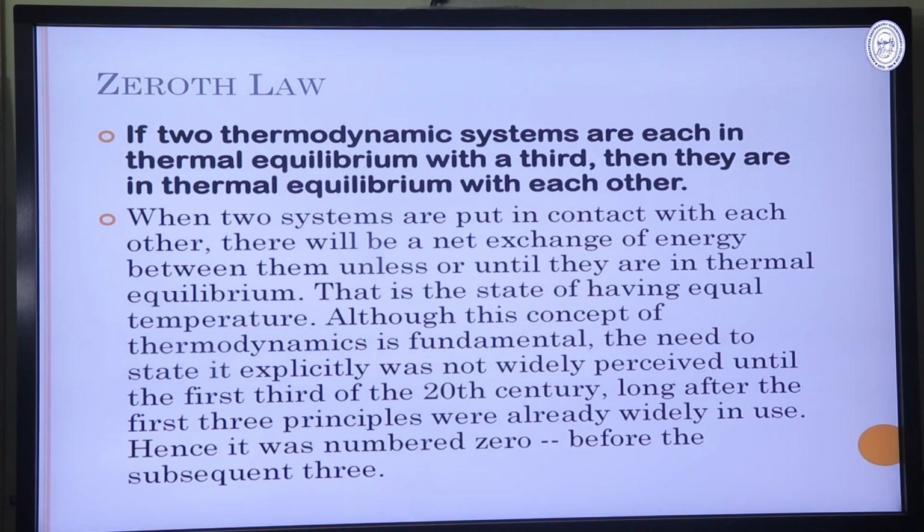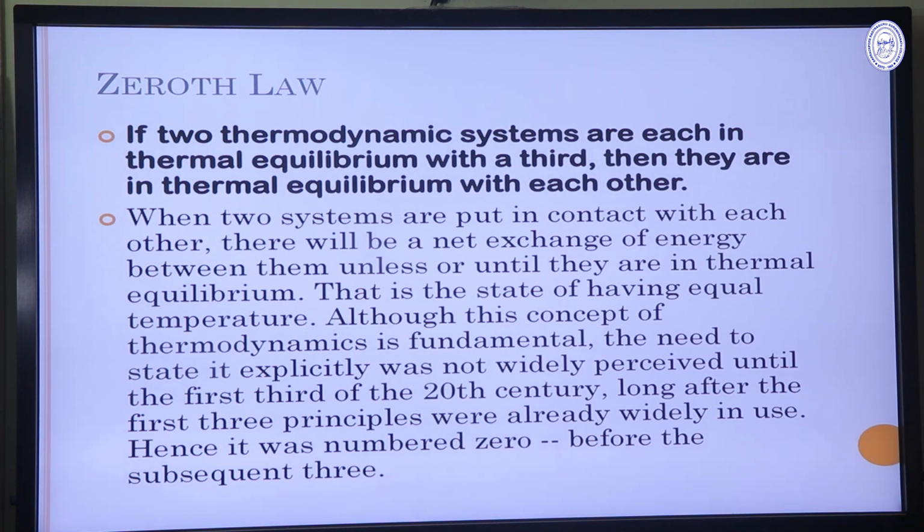So there will be a net exchange of energy between them unless and until they are in thermal equilibrium, as I mentioned. That is the state of having equal temperature. This is what it deals with.